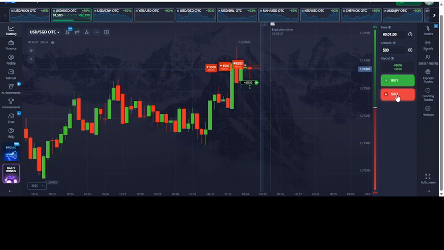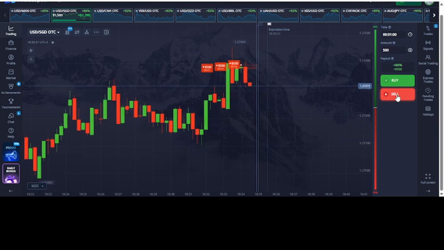Okay, so that first trade came in the money. So I have three more outstanding trades here.